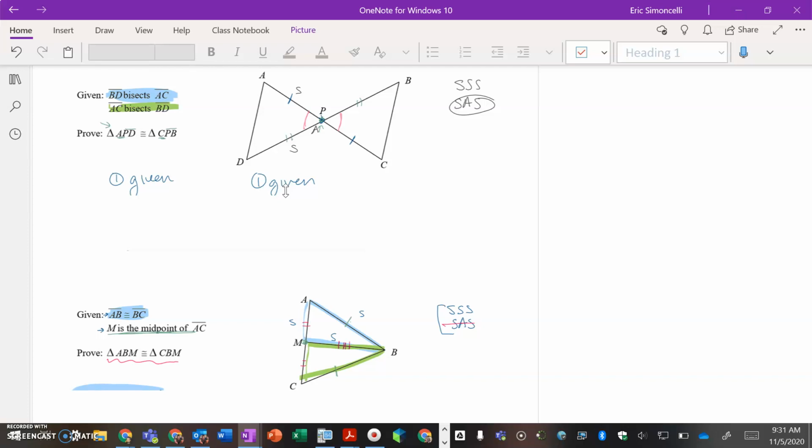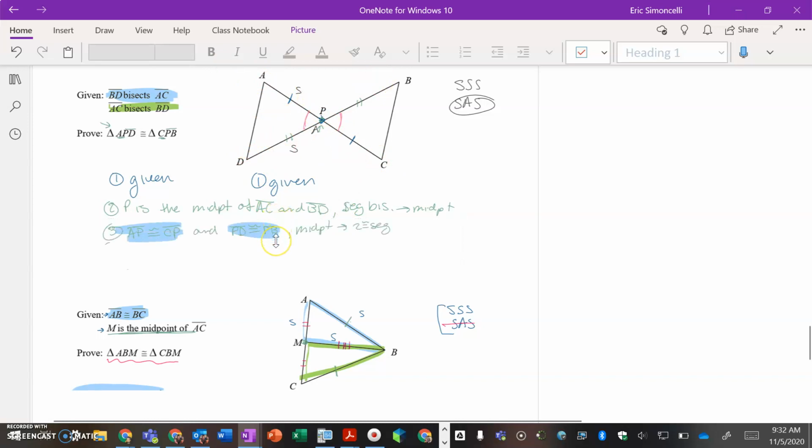But flow proofs are another example where we can truncate our work a little bit. We're letting you do that, if we do flow proofs, or if you're asked to do one. The second step here is to just denote that because of the given, P is the midpoint of AC, and BD is also, because it's being bisected, a midpoint, but of the other segment. So there is a midpoint of that segment, AC, but also of that segment, BD.